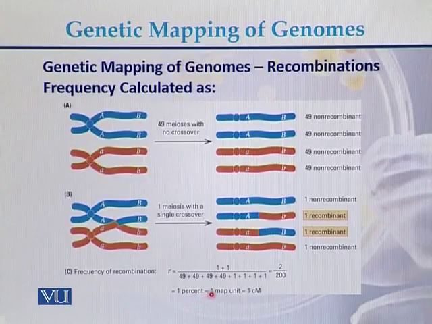So 1% means 1 map unit, in other words, 1 centimorgan. So the recombination frequency is 1 centimorgan. In other words, we can say that the genes A and B are 1 centimorgan apart from each other.